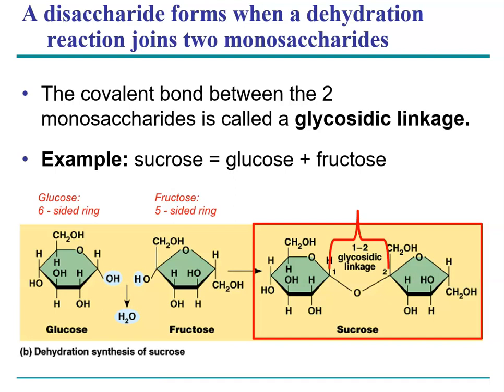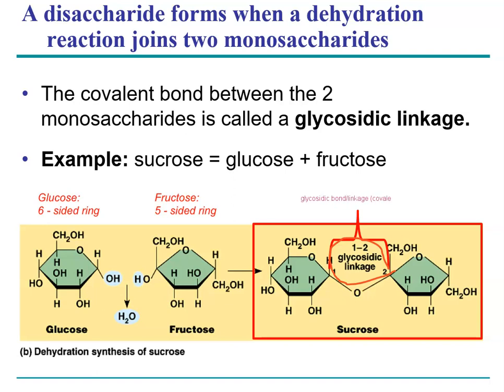Okay, a closer look at disaccharides. As previously mentioned, disaccharides form through dehydration reactions of 2 monosaccharides. Here's that visual to show again the synthesis of sucrose from glucose and fructose. I do want to mention a new term here, the glycosidic linkage, or glycosidic bond. I've seen both terms in texts that I've encountered while teaching this class.